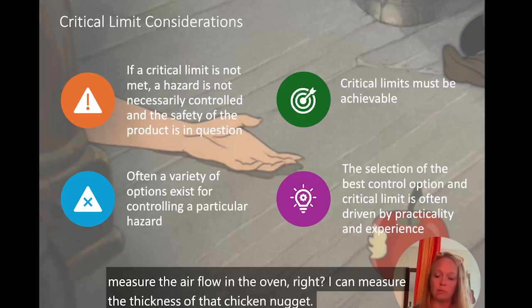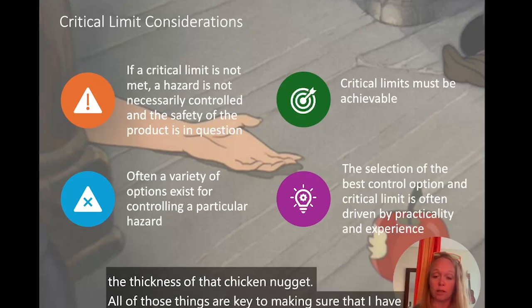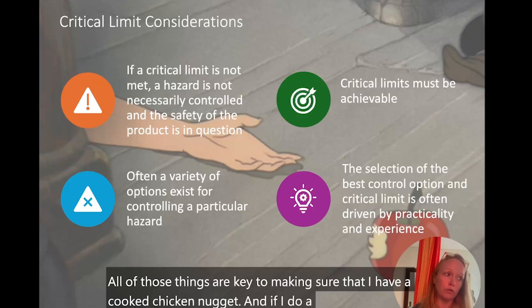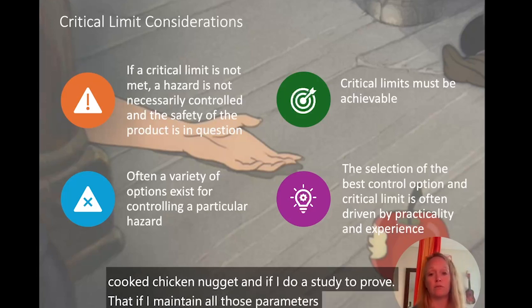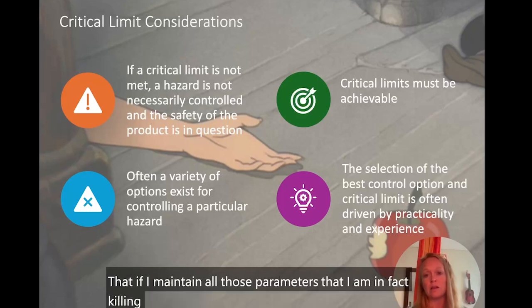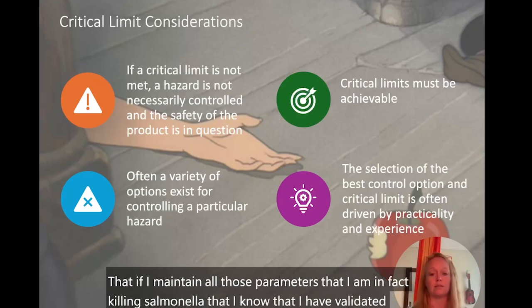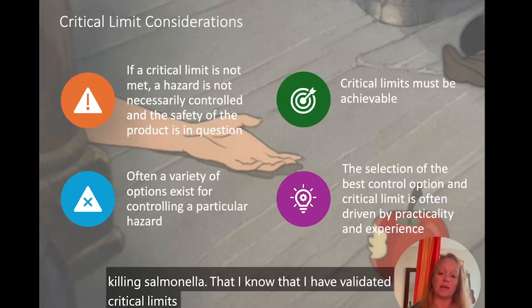All of those things are key to making sure that I have a cooked chicken nugget. And if I do a study to prove that if I maintain all those parameters I am in fact killing salmonella, then I know that I have validated critical limits, all right? So they've got to be practical, they've got to be achievable.